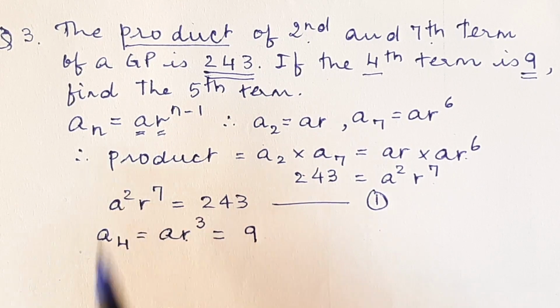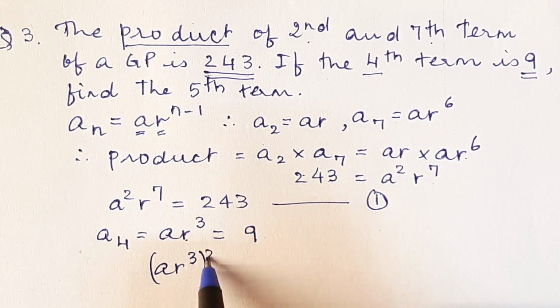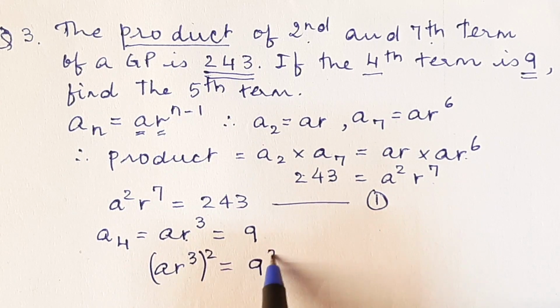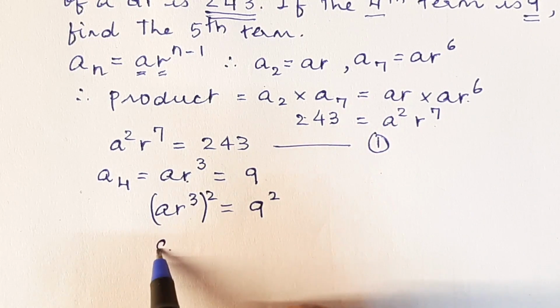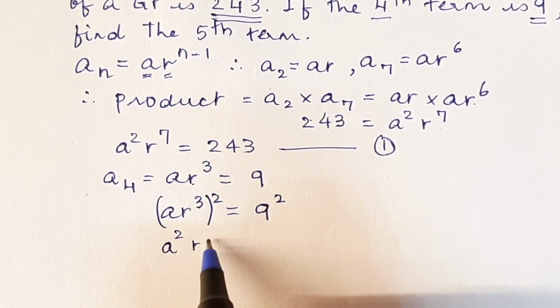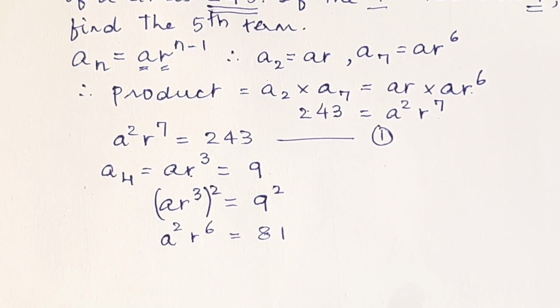And then I'll be able to eliminate this A square. So what I would do is, I would take AR cube and I would square both sides of this. It will give us A square and R to the power 6, which is equal to 81.